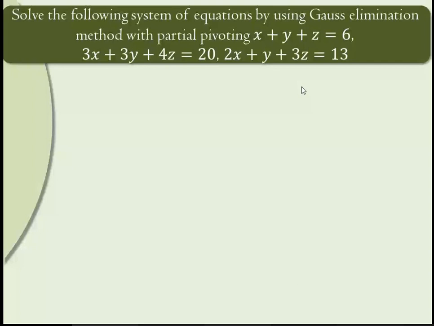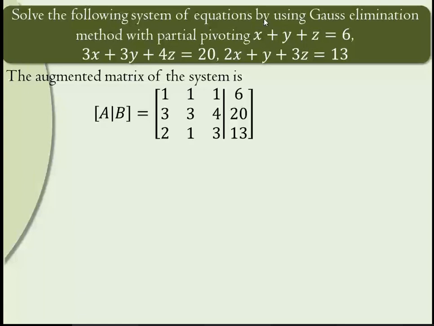Now, here it is asked to use the partial pivoting. Now, what to do in partial pivoting? Now, the first step is same. We have to write the augmented matrix. Then, whichever equation having the largest coefficient for x, that equation we have to take as the first equation.